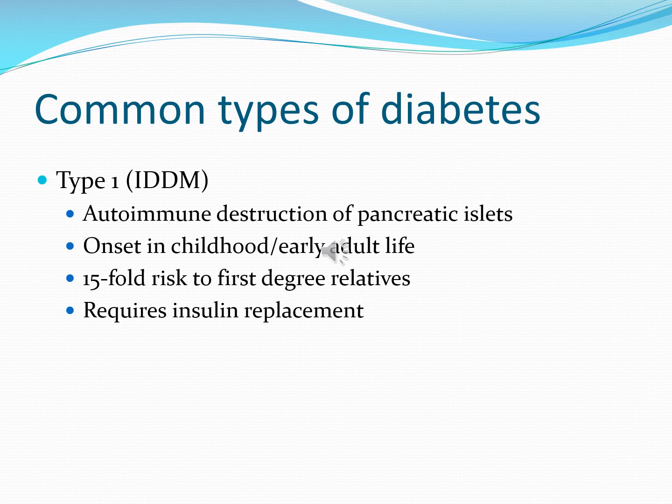It often presents in childhood or early adult life, and there's a genetic component, so there's a 15-fold increased risk if a first-degree relative has the condition. And almost all type 1 patients require insulin replacement, and before insulin was synthesized back in maybe the 30s, 40s, it was a death sentence.